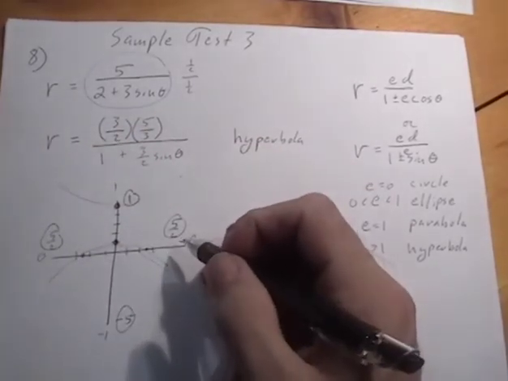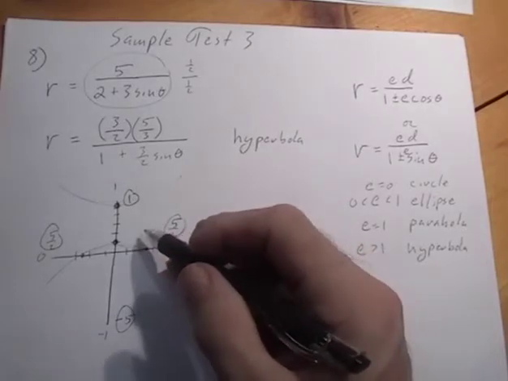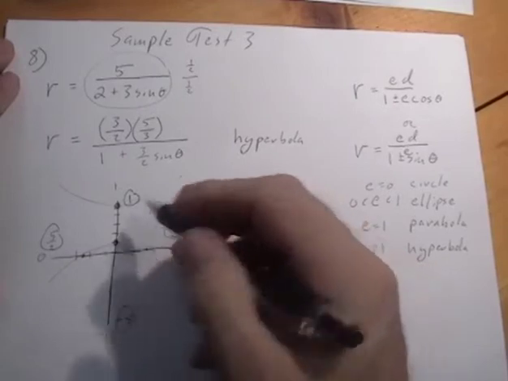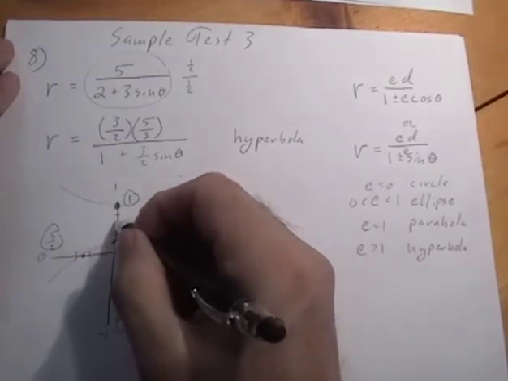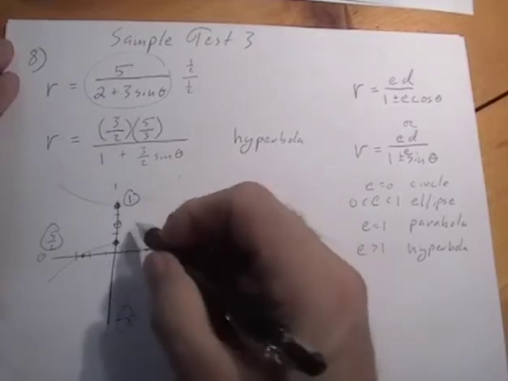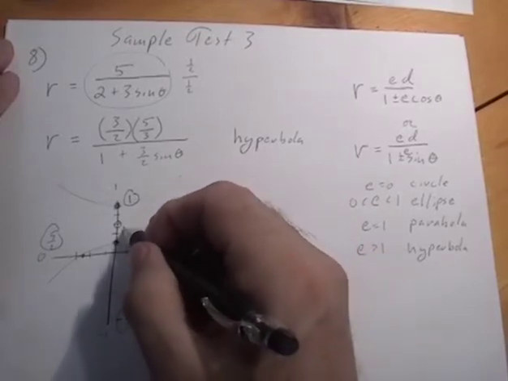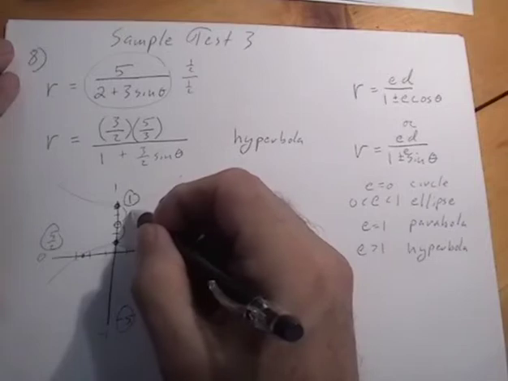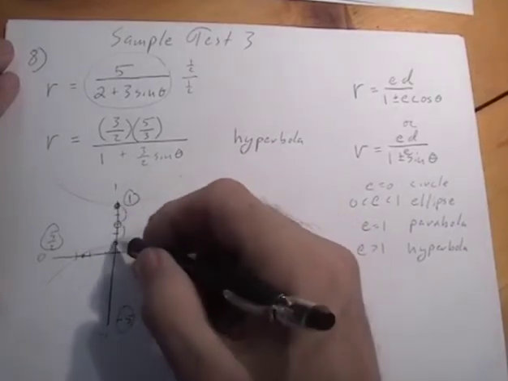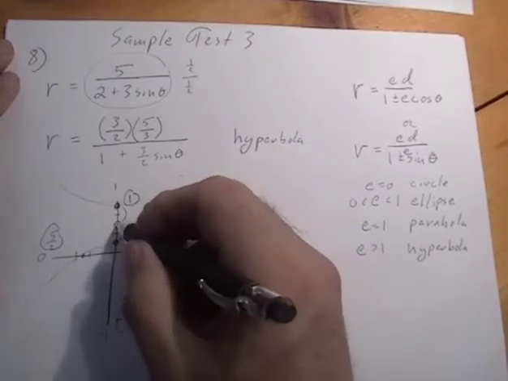I'm not going to go through graphing it completely. I'm just trying to get you to visualize what's happening so that you can see that the center should be right here. That's going to be 2 units above and below my vertices. They're 4 units apart, so 2 units away.